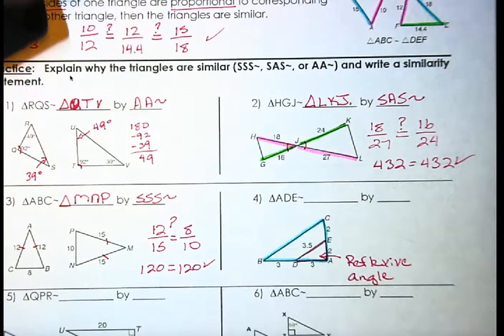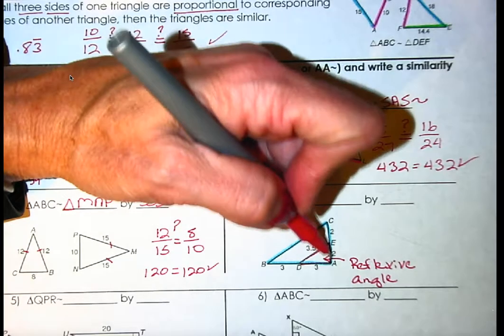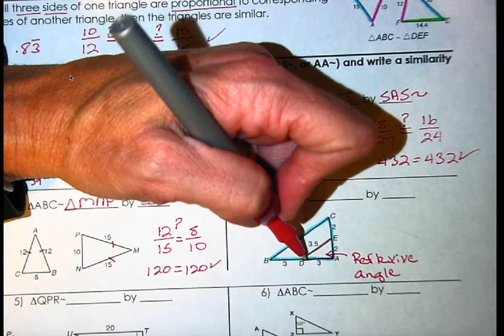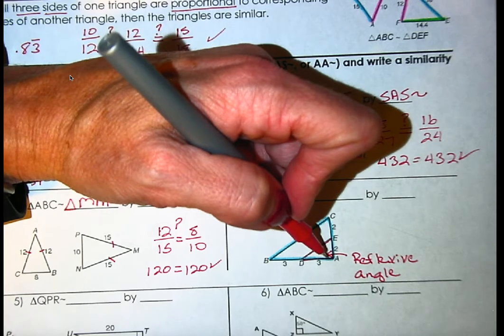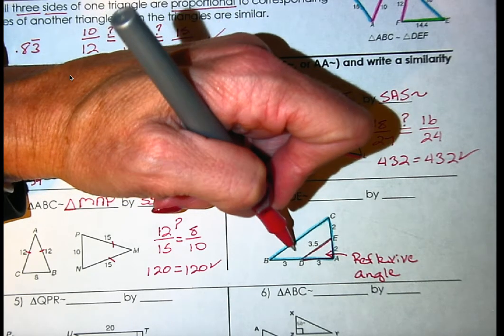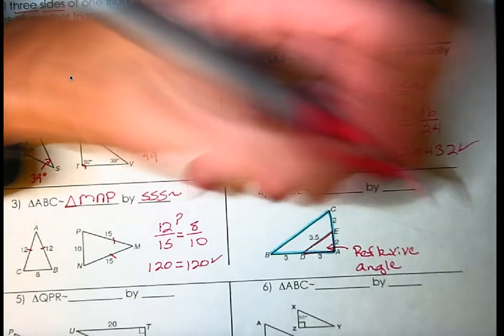So we can say that it's congruent to itself by the reflexive property. Okay, so they share a congruent angle. So what we have to do is see if these sides are proportional to these sides. So see this 3.5? That's just extra information that we really can't use. So we're just going to leave it there.